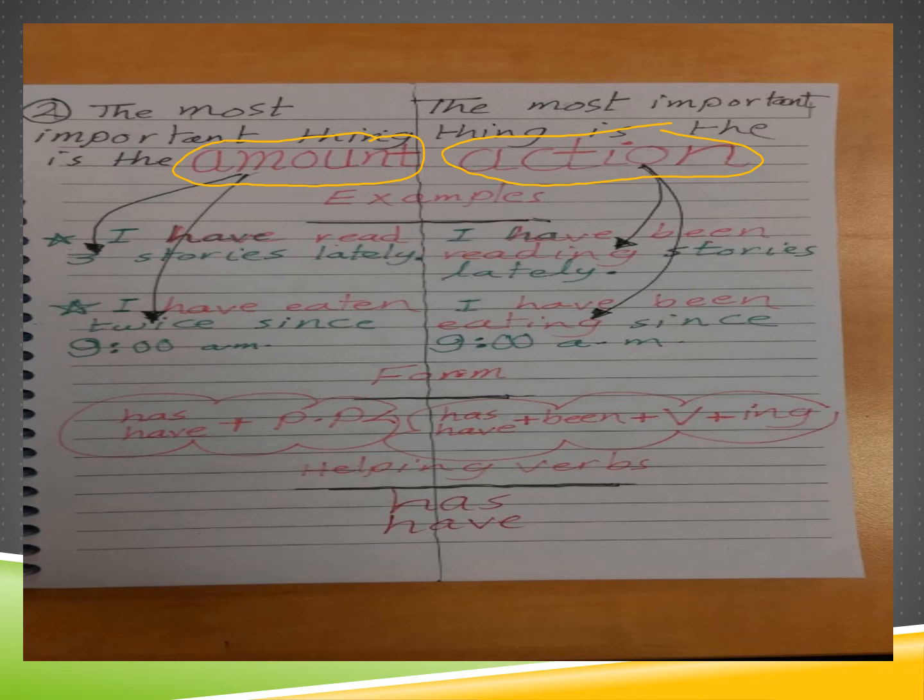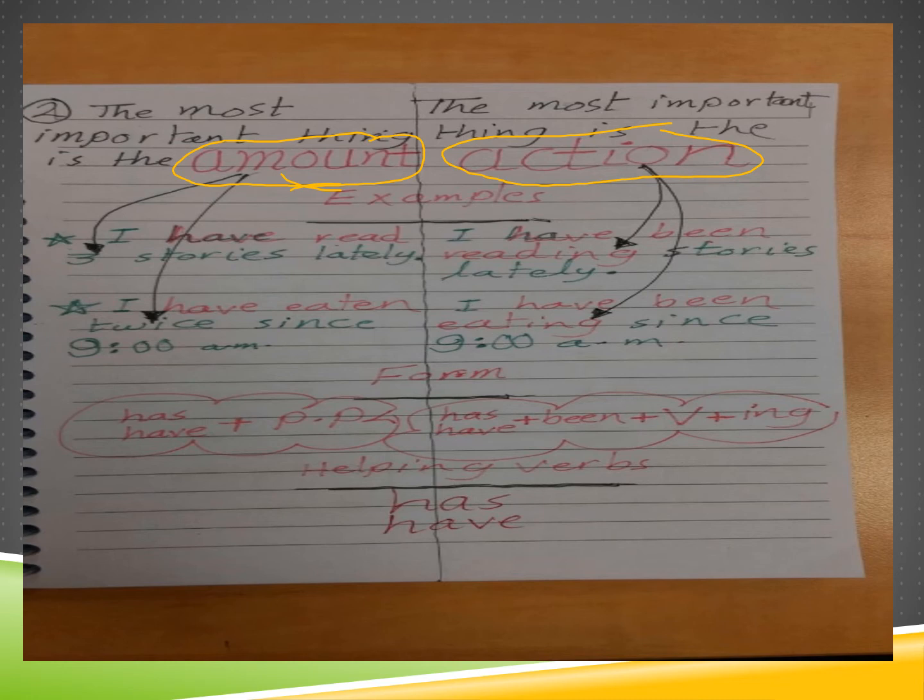If the most important thing in the sentence is the action, you use the present perfect continuous. Do you remember the first example sentence in the last slide? I have learned a lot since I graduated. Now, a lot, this is how much I learned. So this is the amount, and I use the present perfect simple, and I say I have learned a lot.